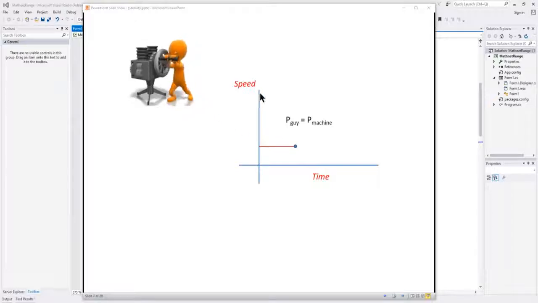Now, we can draw a graph of speed of this shaft versus time, and we can see that at this point, we'll pick a point right now where it's constant speed. We can see that the speed has been constant up to this point versus time, and that the power that the guy is putting in is equal to the power that the machine is dissipating, which means we have a constant speed.